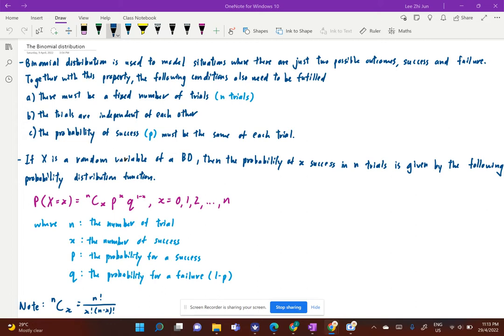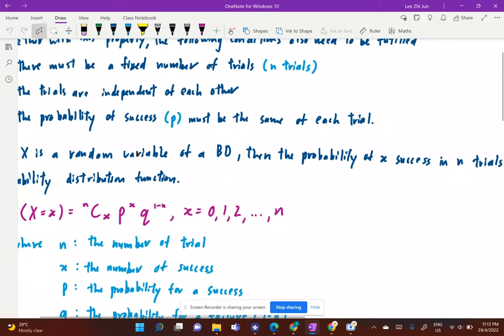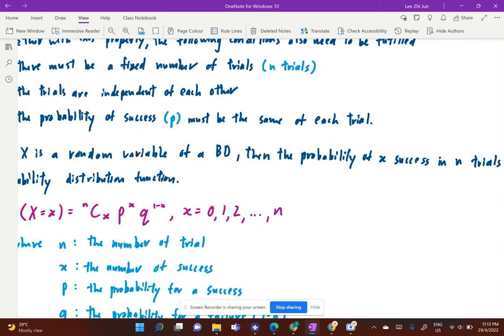So if x is a random variable of a binomial distribution, I just write it as BD.